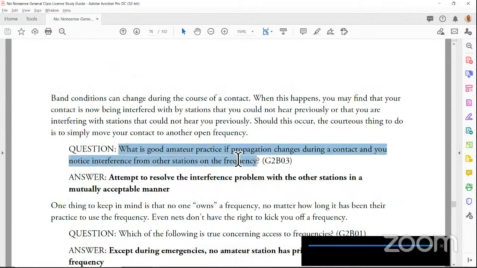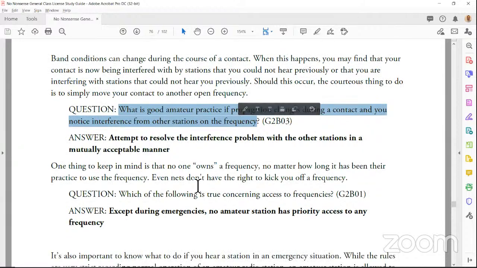Next question in the question pool. What is good amateur practice if propagation changes during a contact and you notice interference from other stations on the frequency? Recall last class we said sometimes we're having a conversation and of course propagation changes while we're speaking, and all of a sudden a station that we weren't hearing before we start to hear.